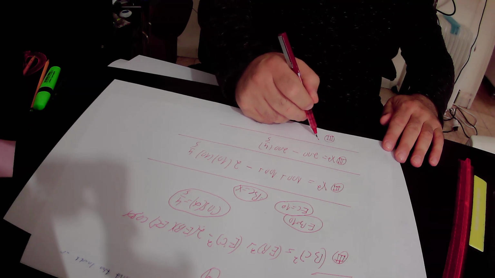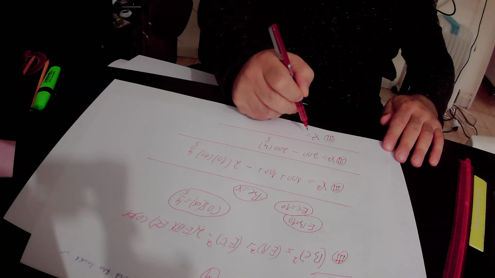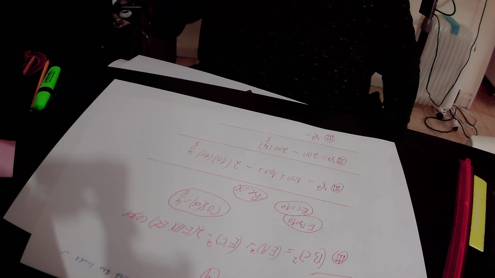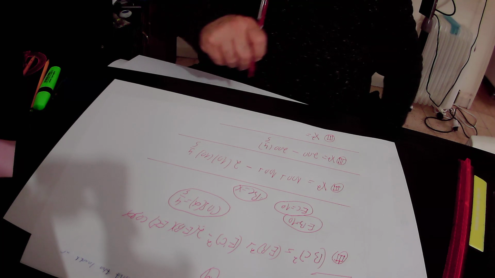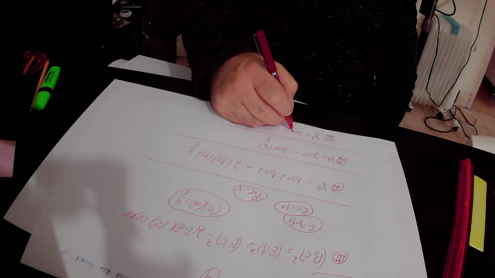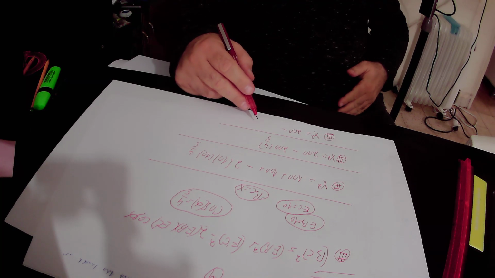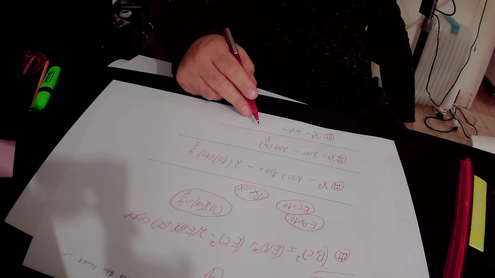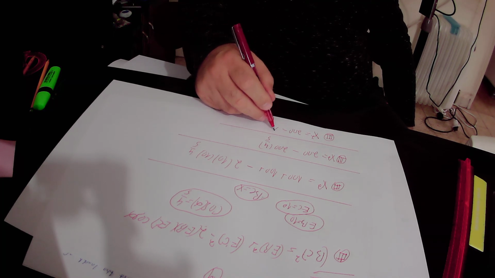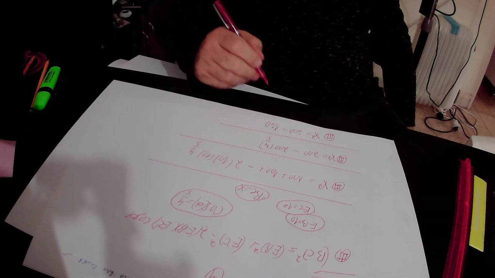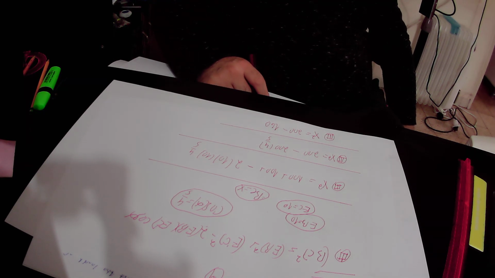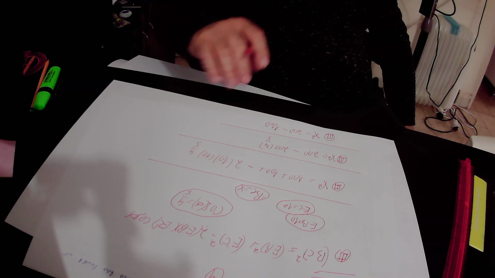So x squared equals 200 minus, 200 over 5 is 40, and 40 times 4 is 160. So in conclusion, we found out that x squared equals 200 minus 160.